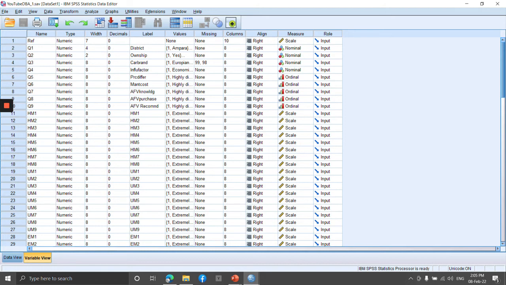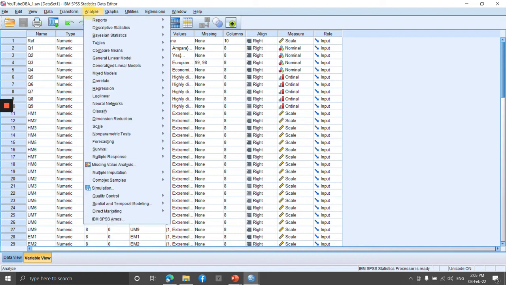That means the mediating effects of the CPV on the relationship between the HM and PI, you have to check it, and the CPV effects on the relationship UM and PI, you have to check it again, and finally the mediating effects of the CPV on the relationship of EM and PI should be tested again the third time. Right, now we are going to test for the second time, right?